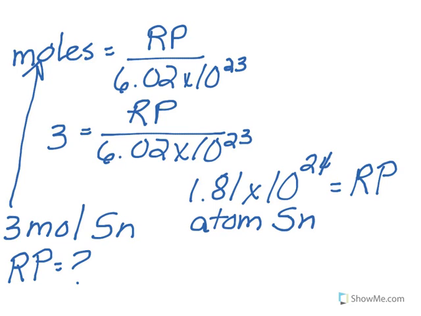Okay, now let's try that with dimensional analysis. All right, same problem, different method. We start out with 3 moles of tin. We need to get to our number of atoms of tin.